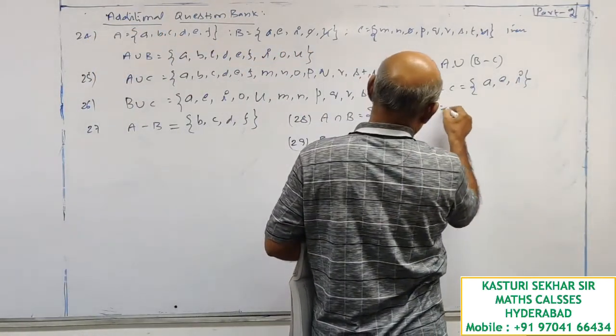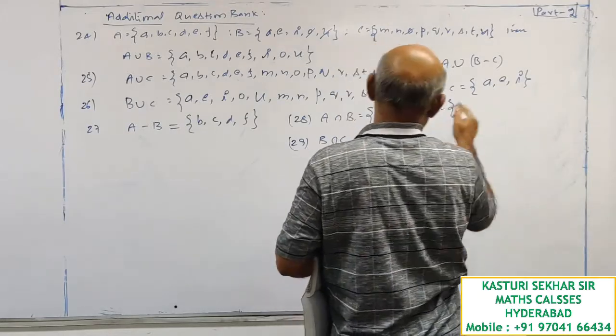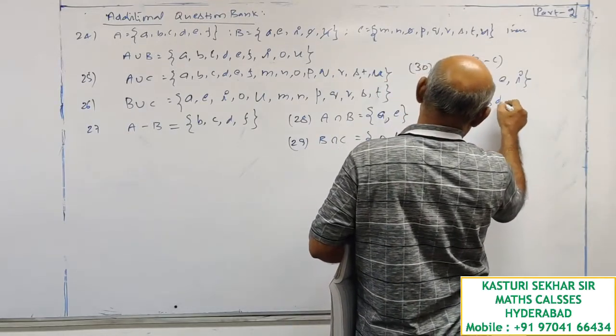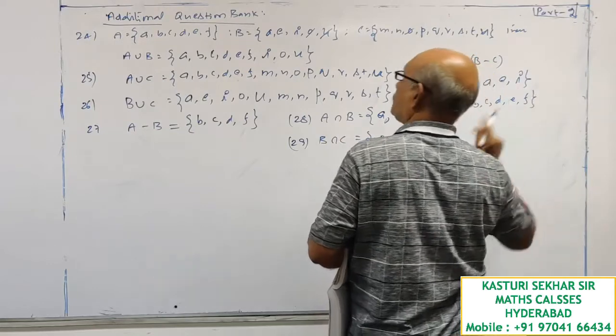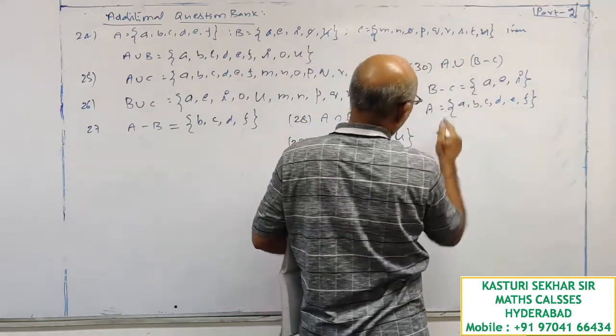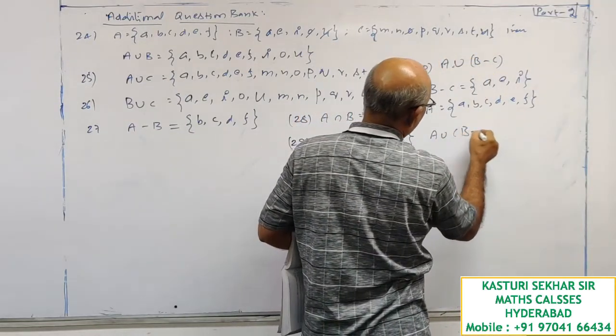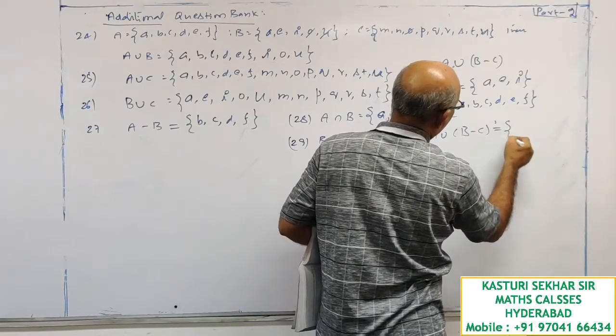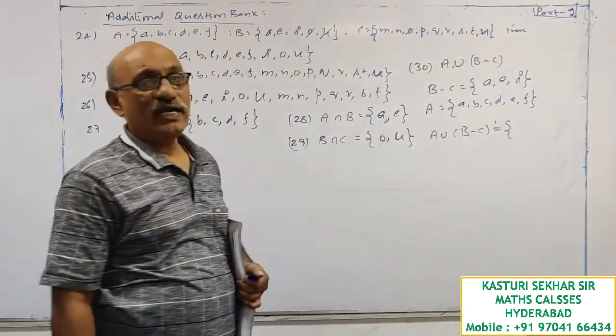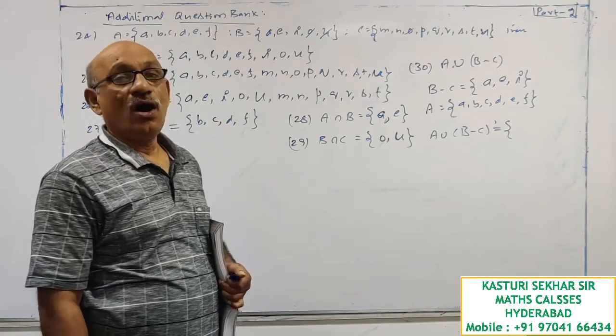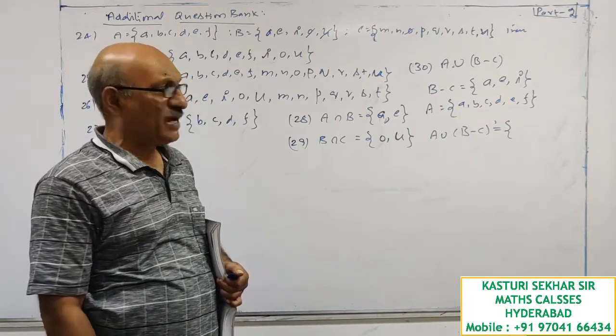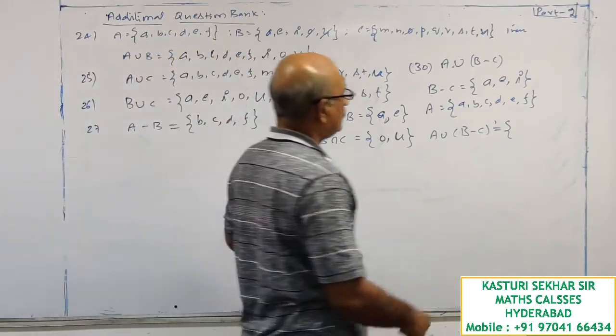Now set A is a, b, c, d, e, f. Now the union of these two, A union B minus C, is a set which contains the elements of A or elements of B minus C or both.